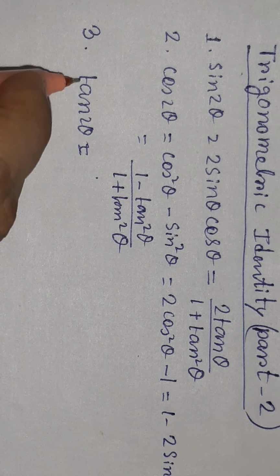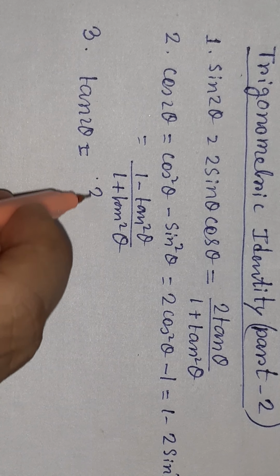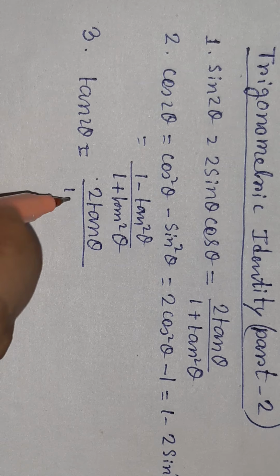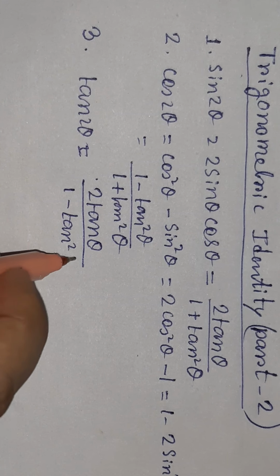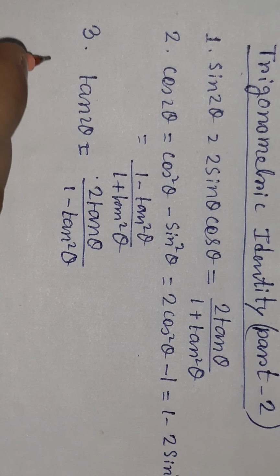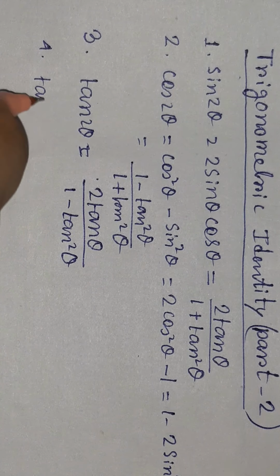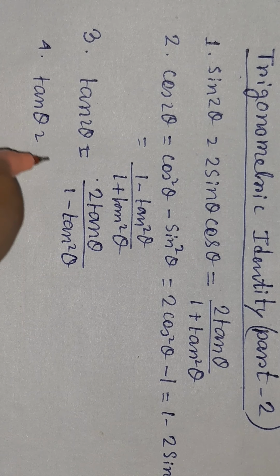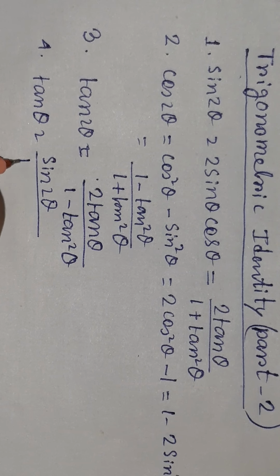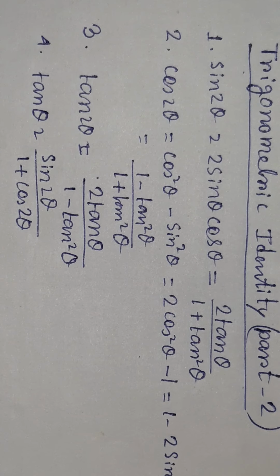And tan 2 theta in terms of only tan theta we can write as 2 tan theta divided by 1 minus tan square theta. And we can write tan theta in terms of sin 2 theta and cos 2 theta as sin 2 theta divided by 1 plus cos 2 theta.